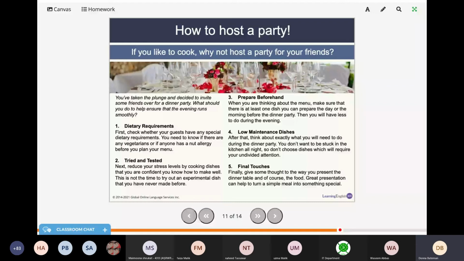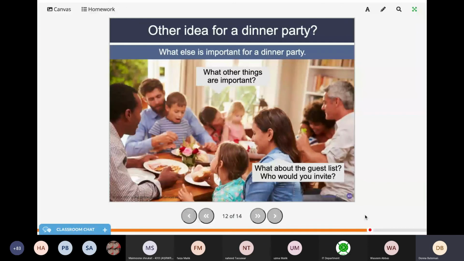Talk to the people that you're with at the moment. What else is important for a dinner party or a party at your home if you've decided to invite your friends to a party? How many people would you invite? When and where would you have the party?